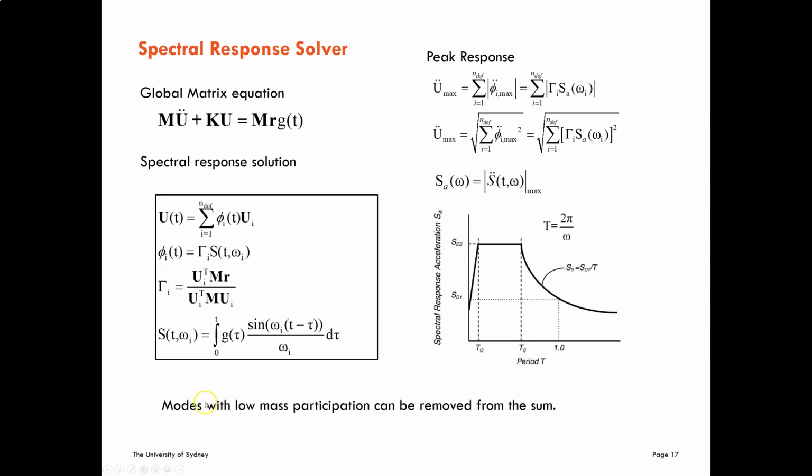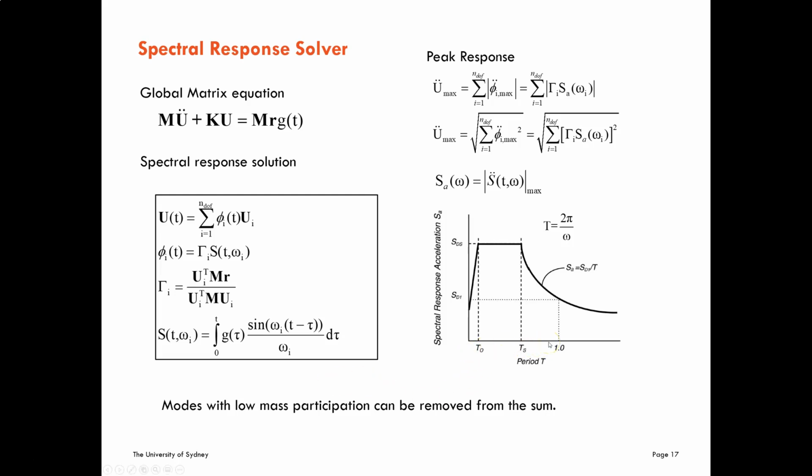You don't need to include all the modes in this sum. You only need to see which modes have influence on the response. Notice that usually in Strand7, all the vibrational modes are sorted according to the period.